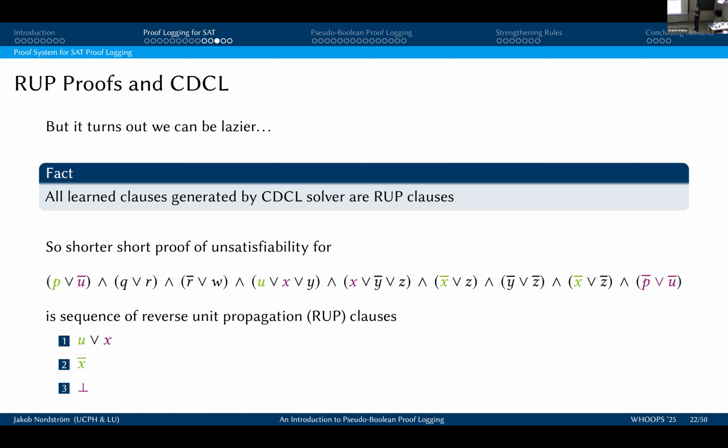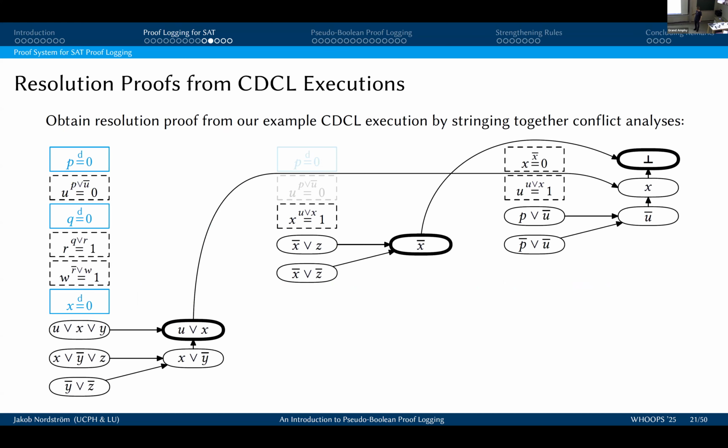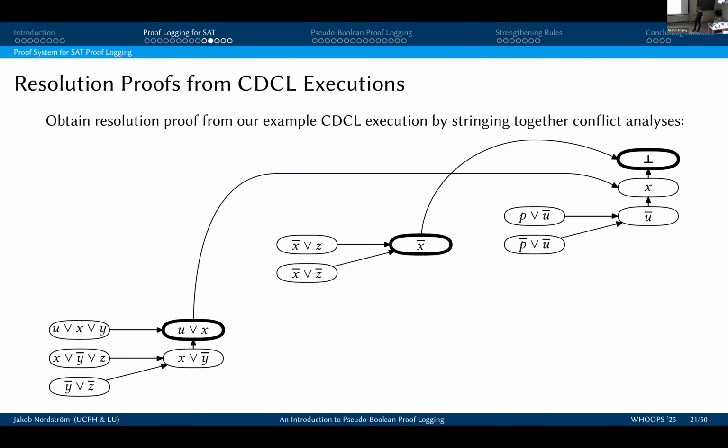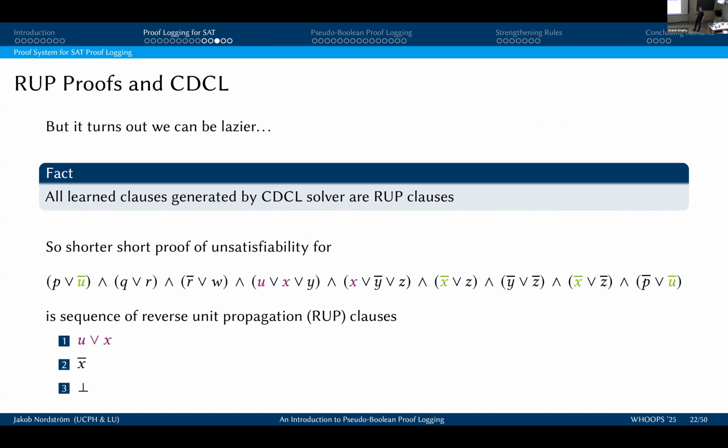So I had to spend more time verifying now, but note that my proof compared to what I had before, where I had something like 13 clauses, is now down to just 3.